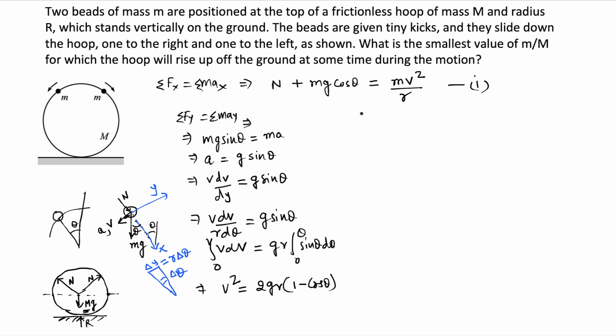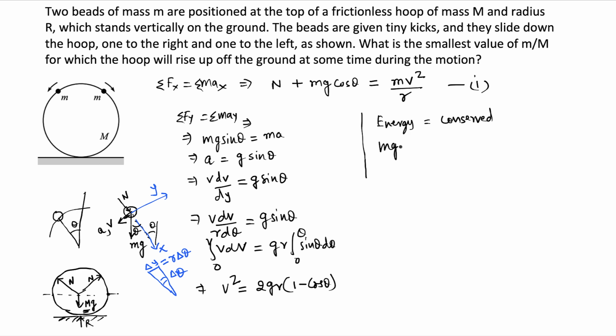We can get this equation very easily using energy conservation, since the external force is 0, so energy is conserved. I hope you get this. Let's say it goes down by angle theta. The total distance covered in the downward direction is R(1 minus cos theta).